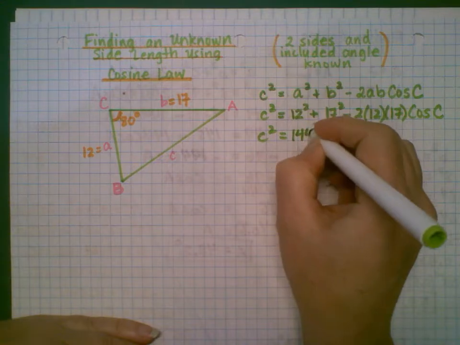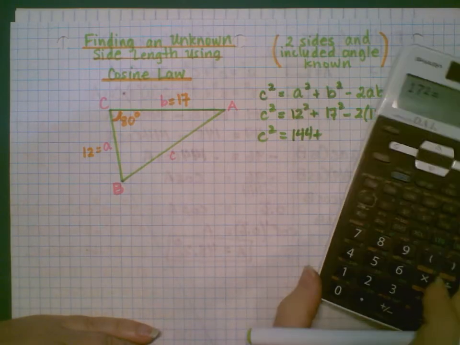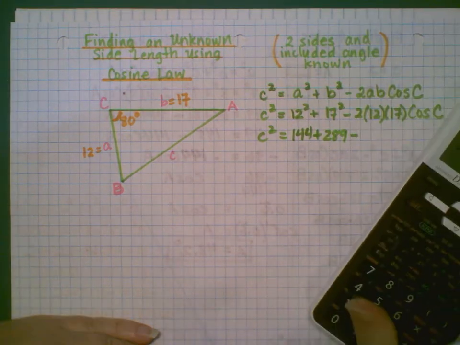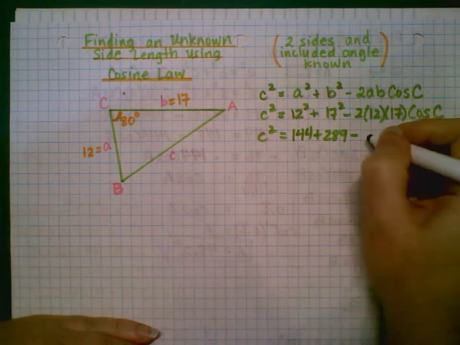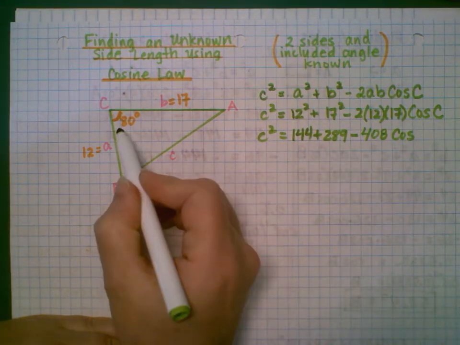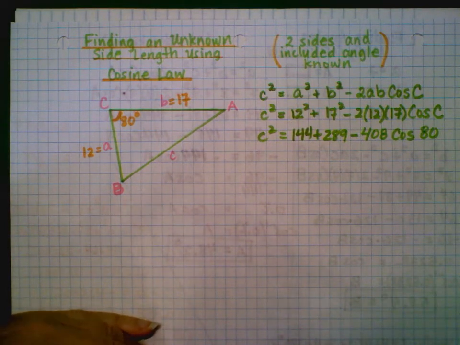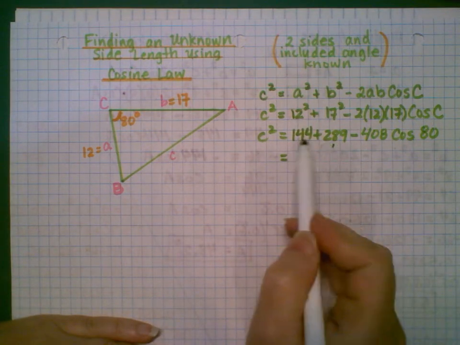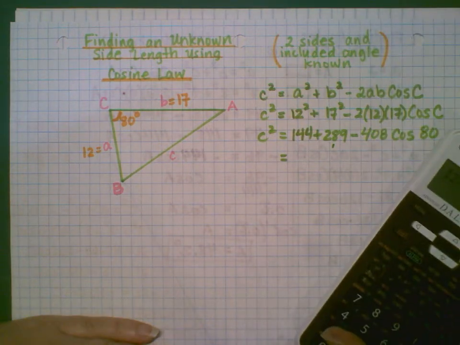So I got 144, 289, minus 408 cosine, and C is 80, so I'm going to put that number in right now too. The 144 and the 289 are constants, so I can just do that addition right away.